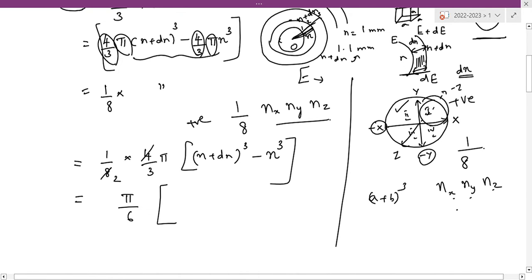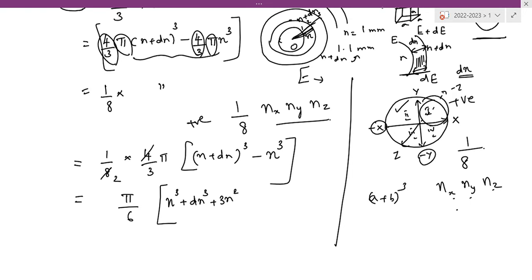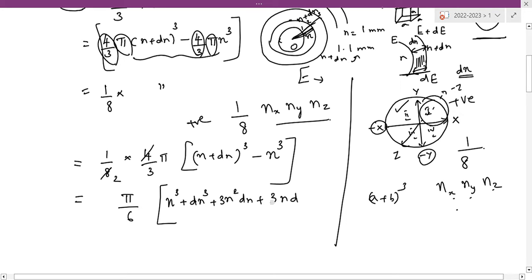Therefore a cube plus b cube plus 3a square b plus 3ab square, and then I have minus n cube here. Cancelling plus n cube and minus n cube.